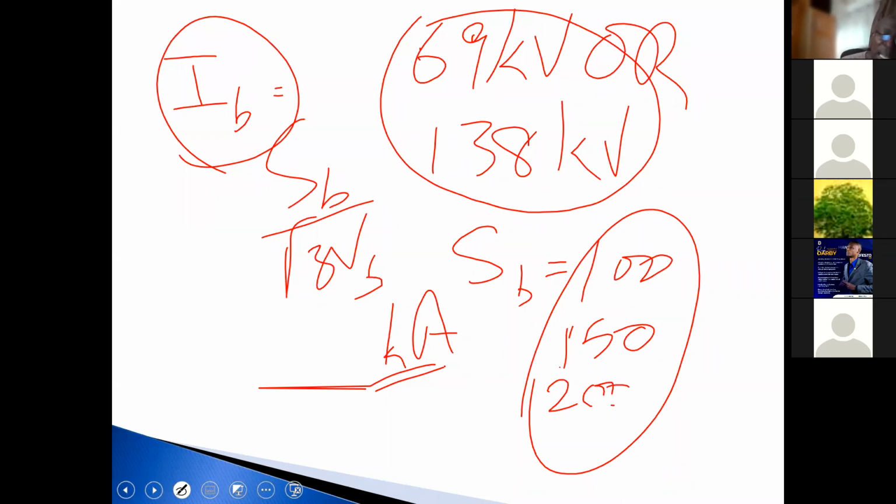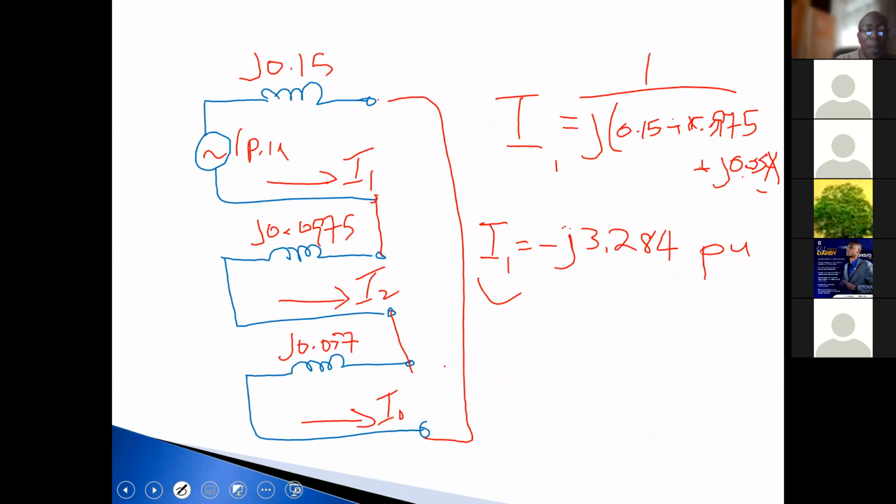All right. So part 2 now says, what are the phase voltages at the fault point? So you asked for the phase voltages. And the voltage at each sequence?